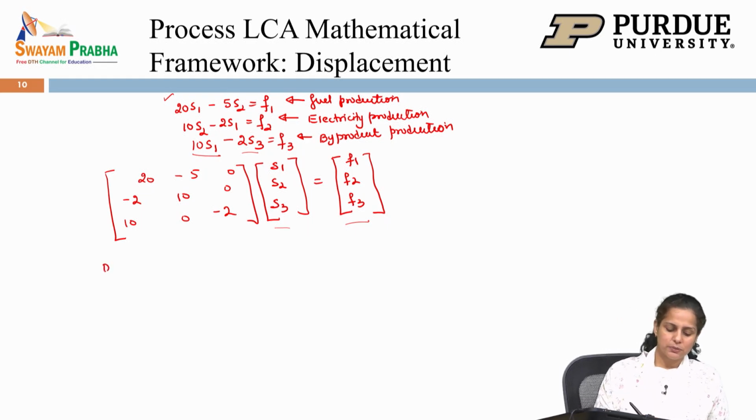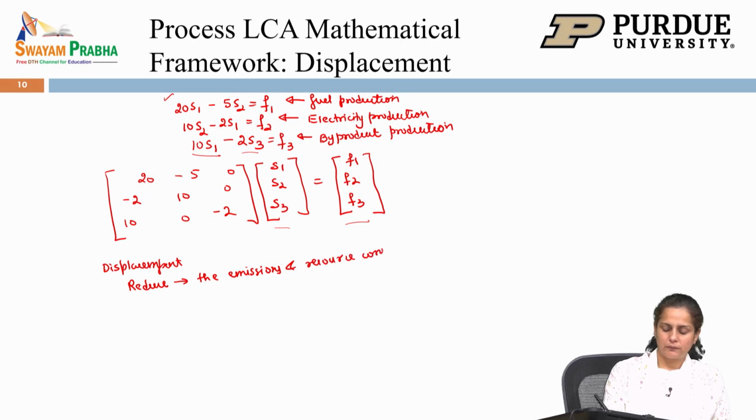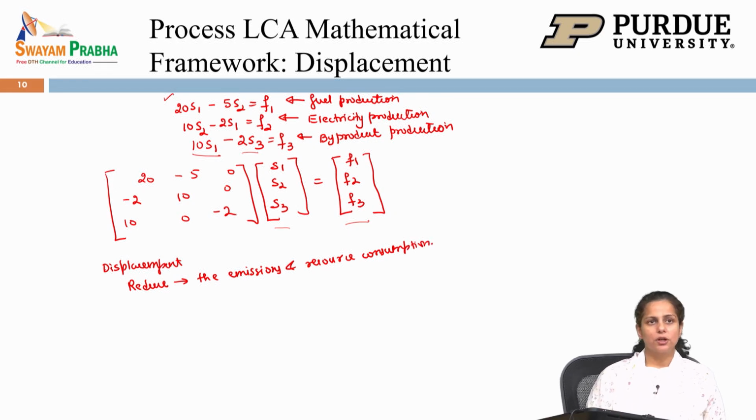For the displacement process, we are going to reduce the values, because remember we are saying that the output has been reduced. So, for displacement, we are going to reduce the emissions and the resource consumption. When you work out the math, eventually you will know how much you want to reduce.